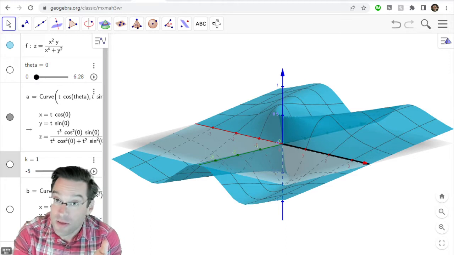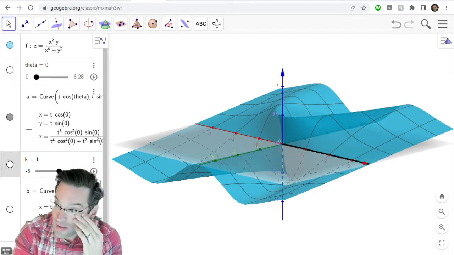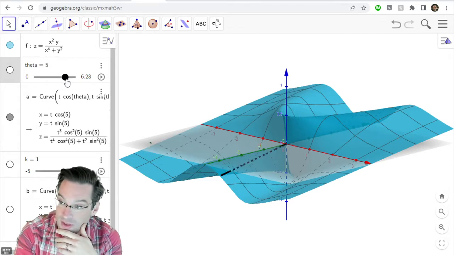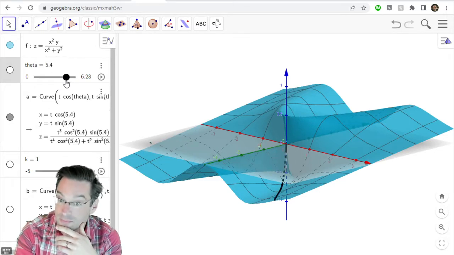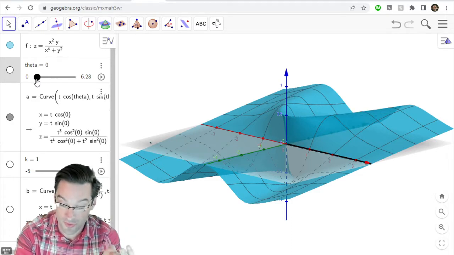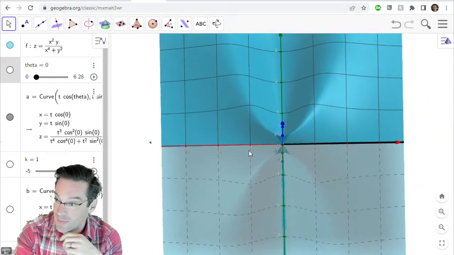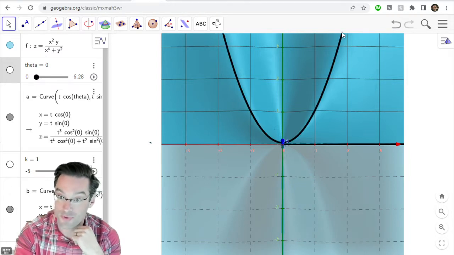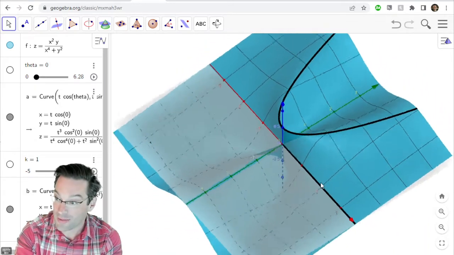Here's the surprise about this function, right? Every single line that we approach the origin on is telling us that the z value is approaching 0, right? So the limit along any straight line path to the origin is the z value of 0. But if I take, instead of a straight line path, a parabolic path, a parabola coming into the origin, so a path that approaches in this fashion, then what z value are we approaching along that path?